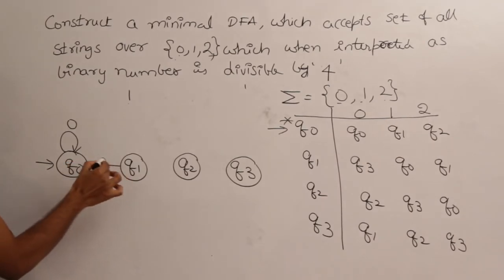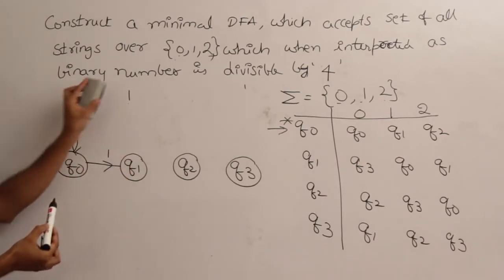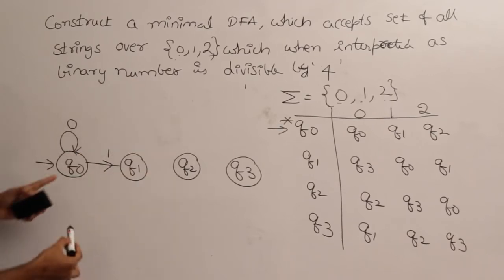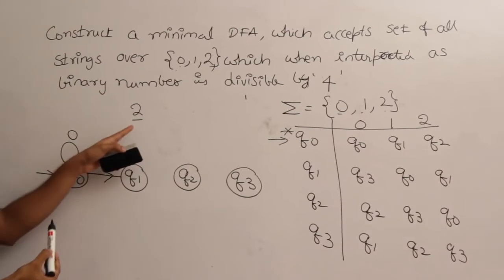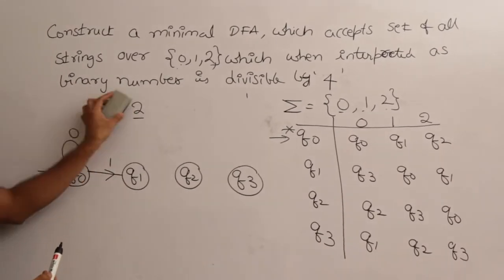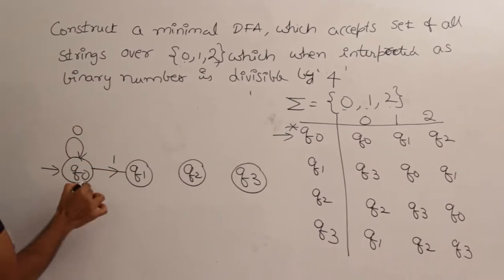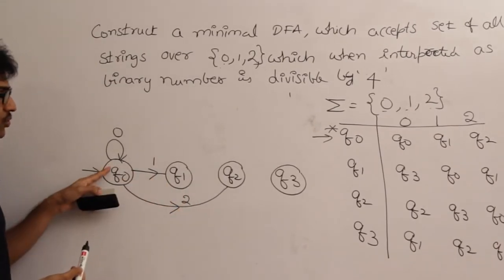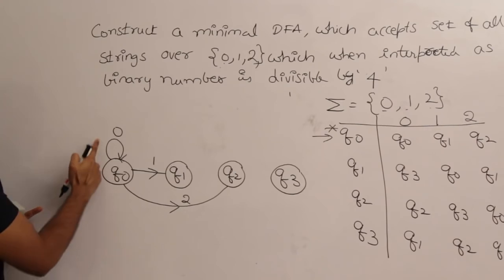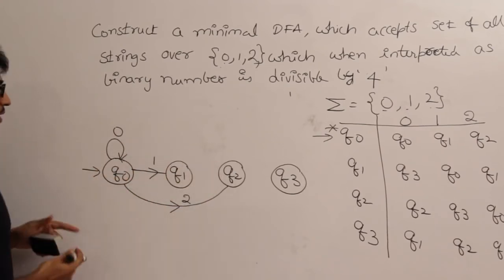Therefore 1 goes to Q1. Now if I am in Q0 and I see 2, the number is 2 itself, and if I divide by 4, the remainder is 2. Therefore on 2 I will go to Q2. Q0 is complete, because on 0, 1 and 2 we have given the transitions.